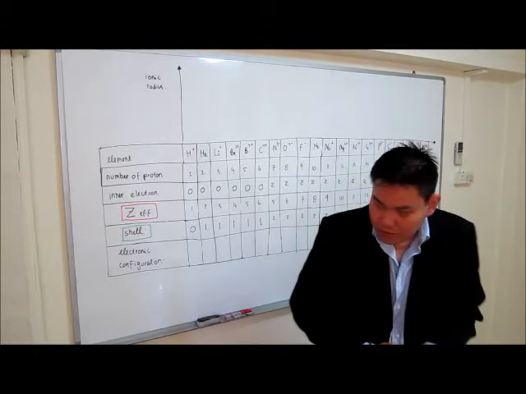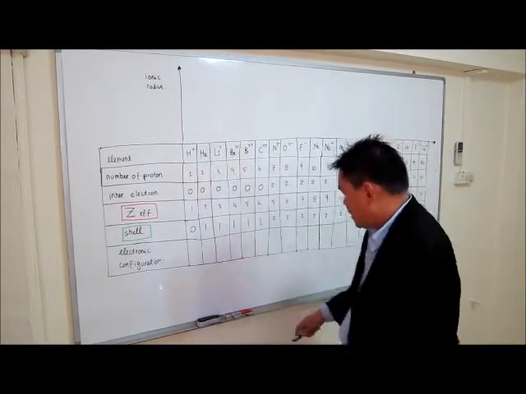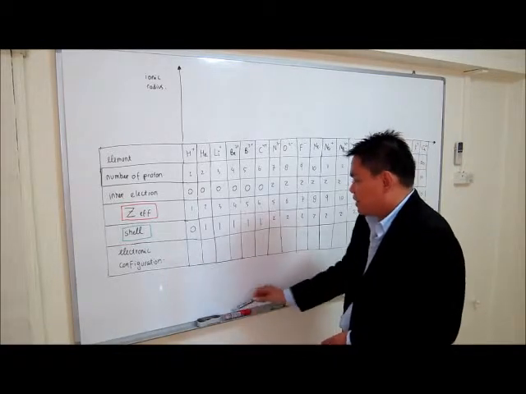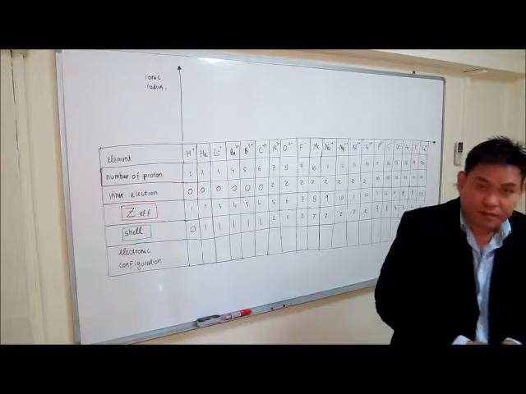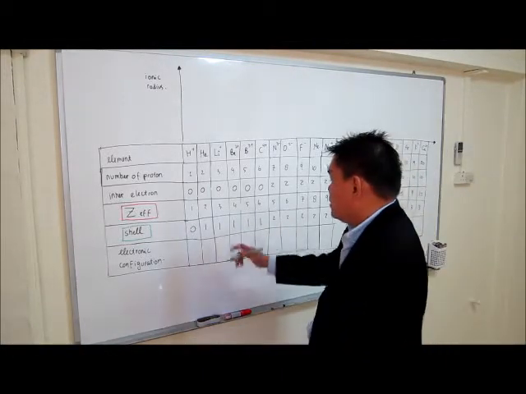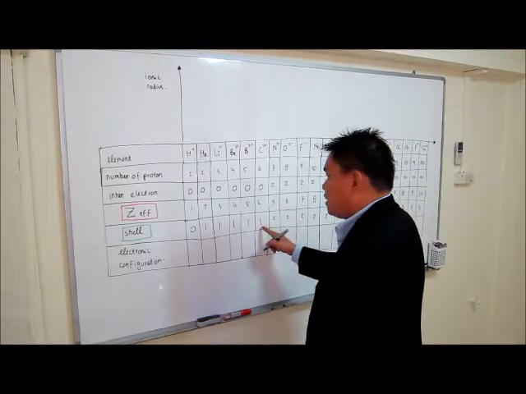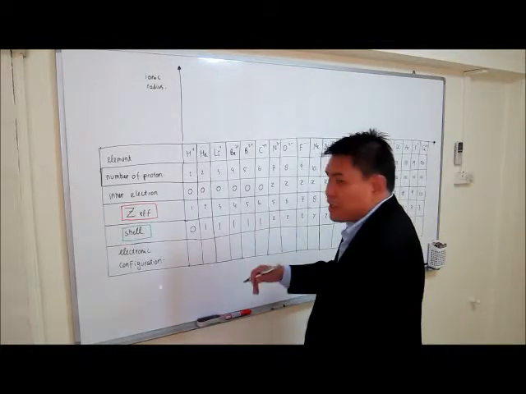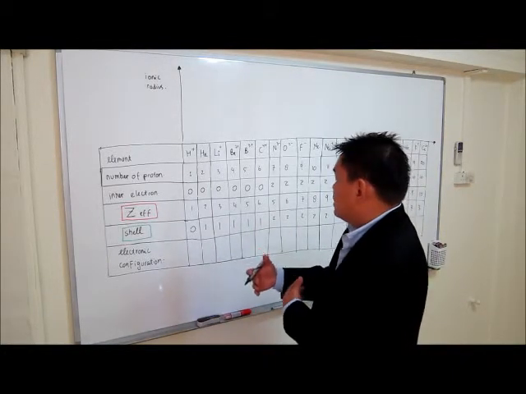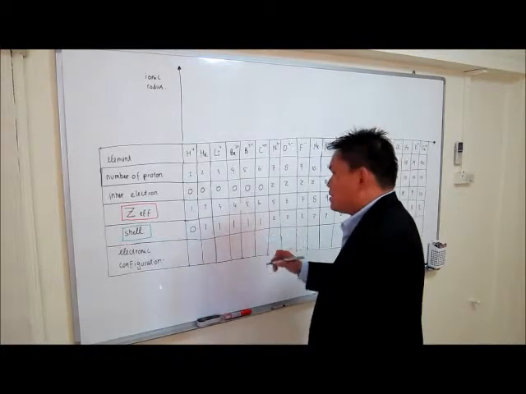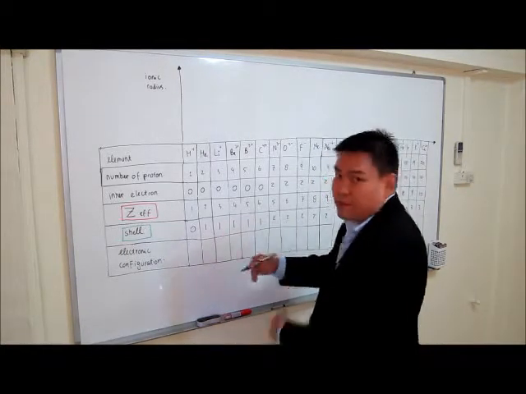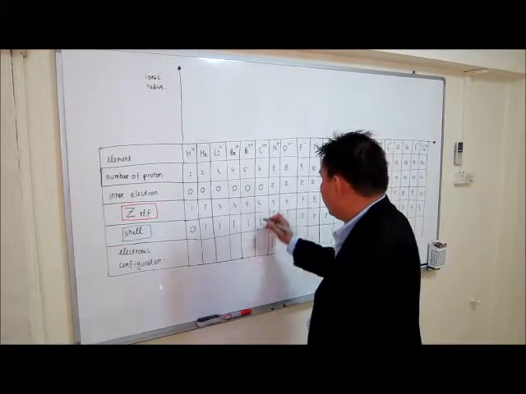Now, how do these numbers affect our graph? Very simple. The more shells you have, then logically the radius of that ion will be increasing. So the effect is very significant.